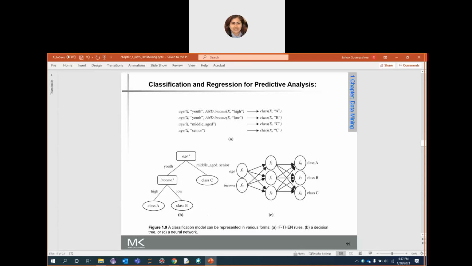If you see in this picture, these are three different ways of showing the classification model. Classification means classifying different types of data sets. It's simple. Classification is the process of finding a model which will describe and distinguish the different types of data or concepts. The model is derived based on the analysis of a set of data.